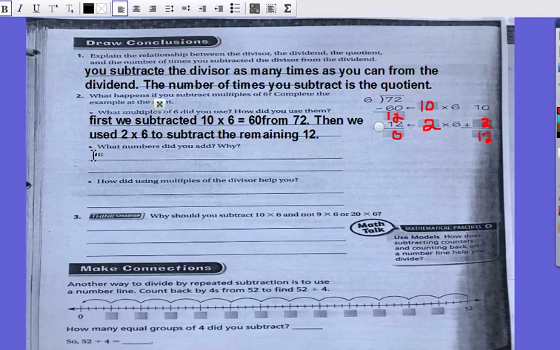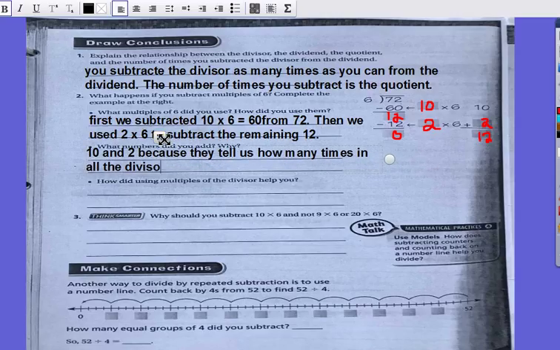What numbers did you add and why? We added the 10 and 2 because they tell us how many times in all the divisor 6 was subtracted from 72.